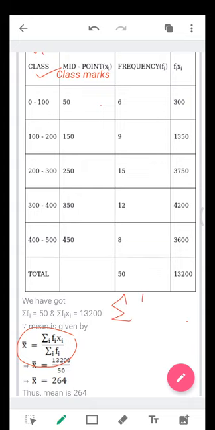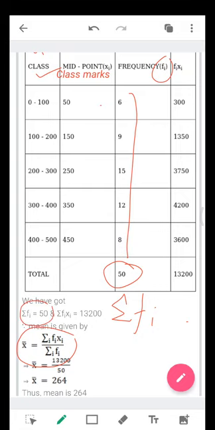As I already said, the sigma is nothing but sum. So we should add the column of fi. When you add this column, you will get sigma fi. So when you add all these, we got 50. So your sigma fi value is 50.